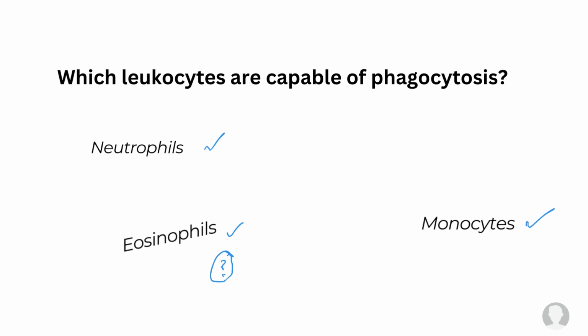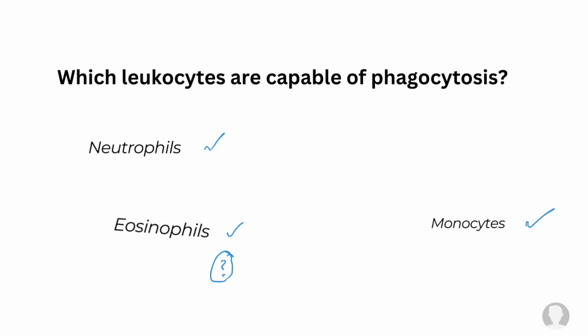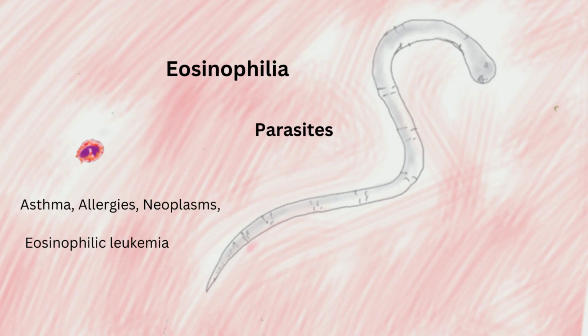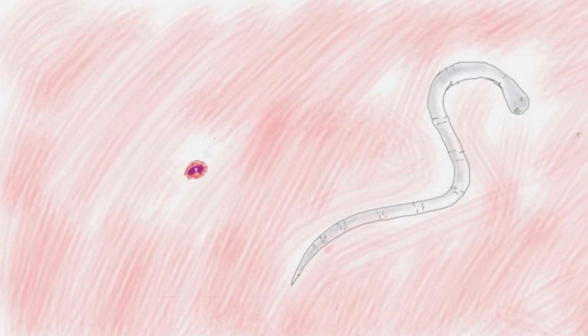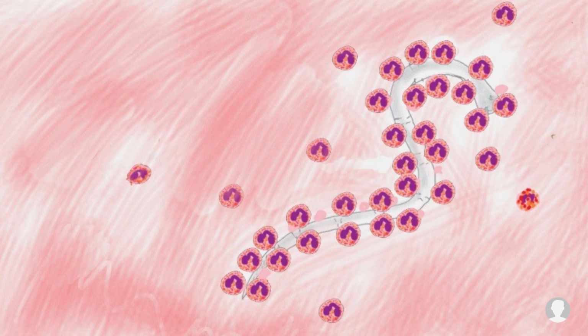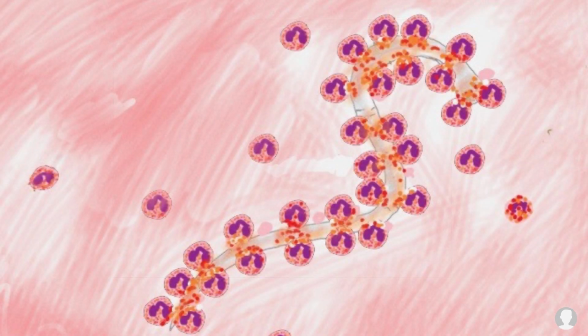We see eosinophils attacking parasites, and we see them also elevated in conditions of asthma and allergies in atopic individuals and the hypersensitivity reactions. But let's see how they kill parasites. Eosinophils surround the parasite and they will degranulate, killing the parasite. And that's how they accomplish their role in phagocytosis of parasites.